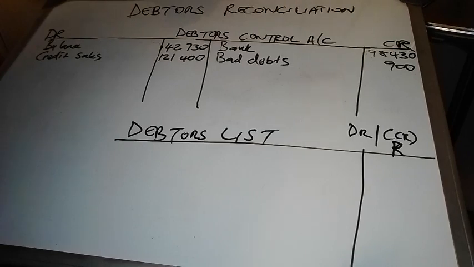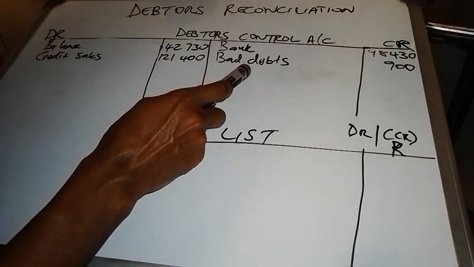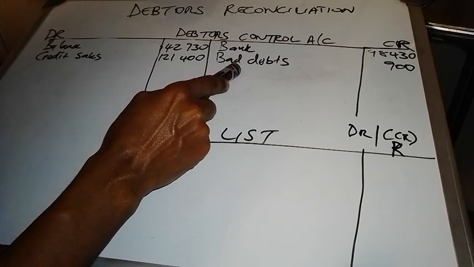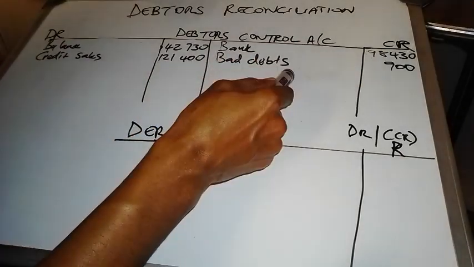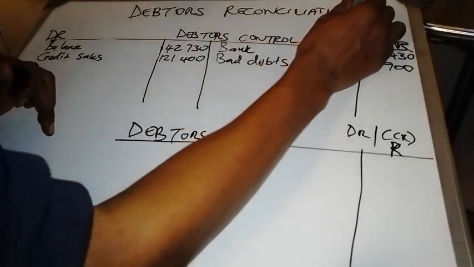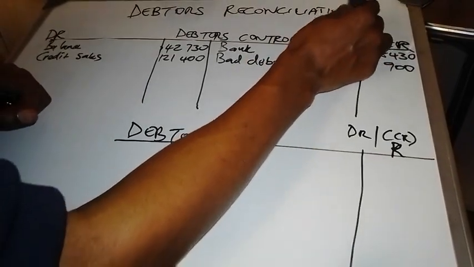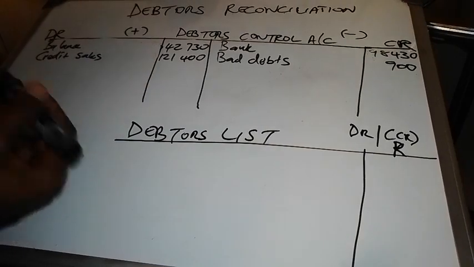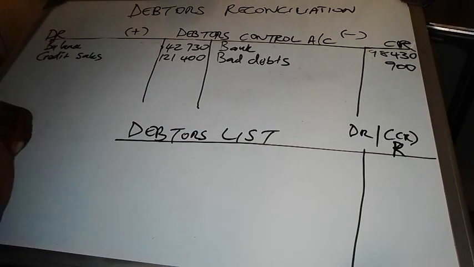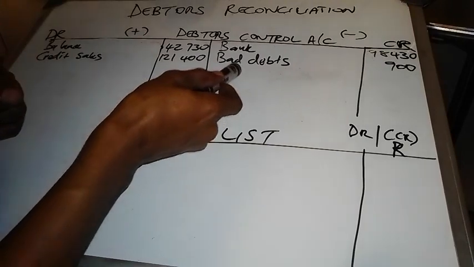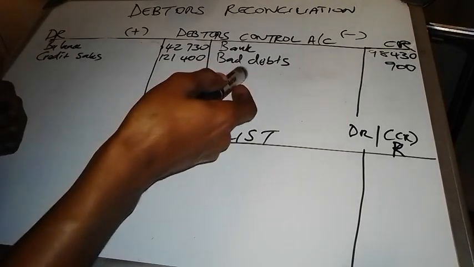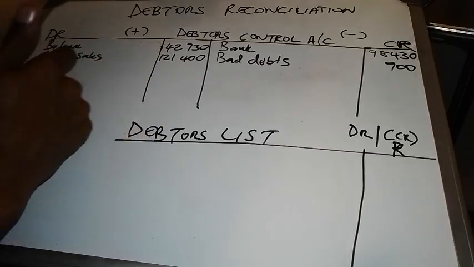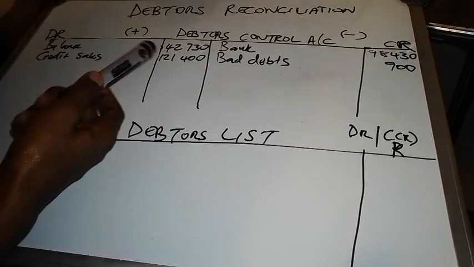So if it's associated with sales, it means we are going to record it here. It means a debtor has returned something, and therefore it reduces the balance, so we're going to credit it, right? Remember, on this side the debtors control account decreases, and on this side the debtors control account increases. So when the debtor is returning some of the items, their balance will reduce. The amount that they owed us will reduce.